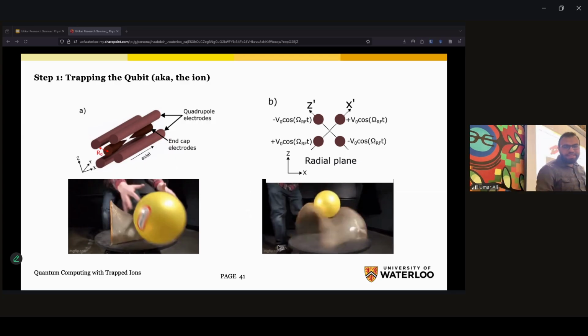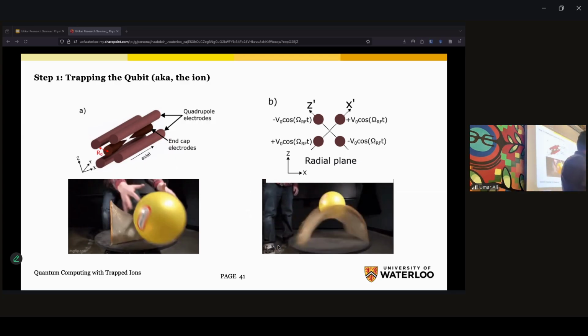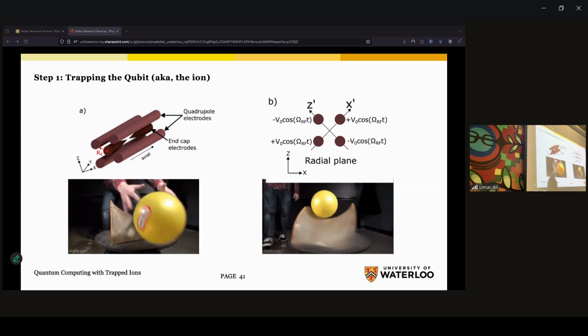So now we have a rotating saddle, which is how we would like to trap our ion. This is really nice: an ion suspended in the emptiness with electrodes having their charge.